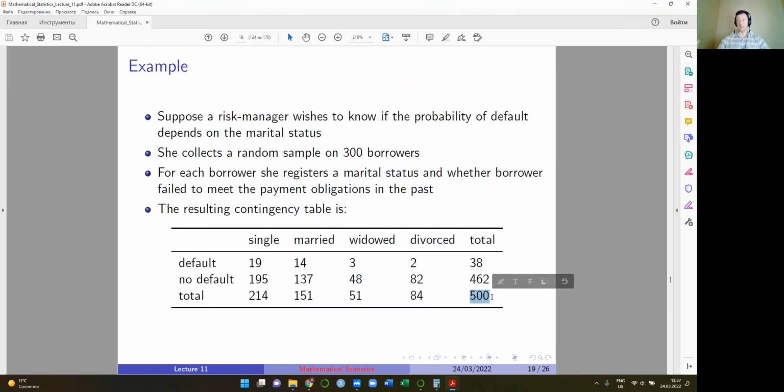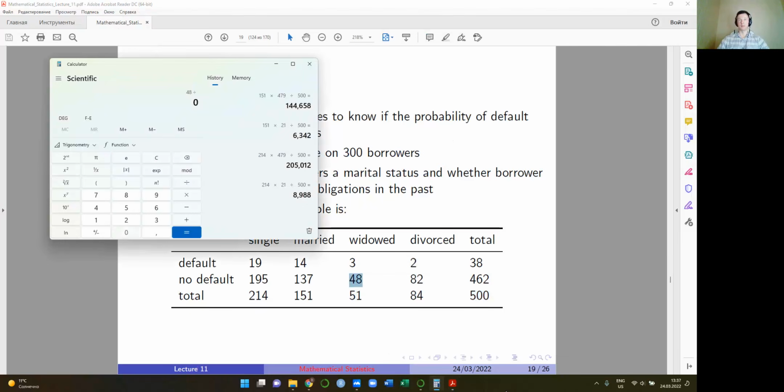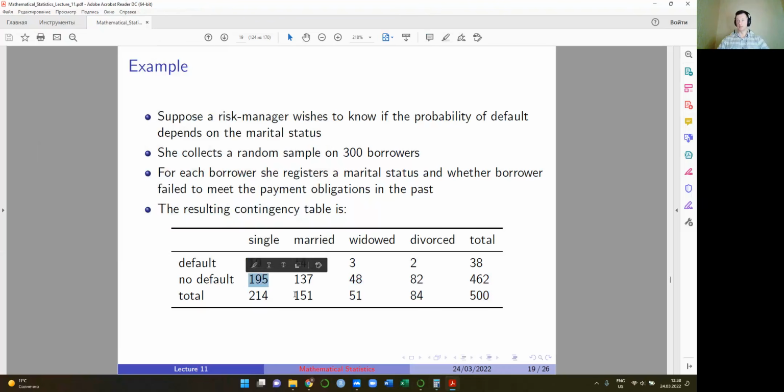That's going to be the estimate of the probability that a randomly chosen person is widowed and not defaulted. Like this, 48 divided by 500. So this is our estimate of the probability that the randomly selected person is widowed and not defaulted, 9.6%. Or we can take 195 divided by 500, 0.39. So the probability that a single and not defaulted person is randomly chosen is 39%.